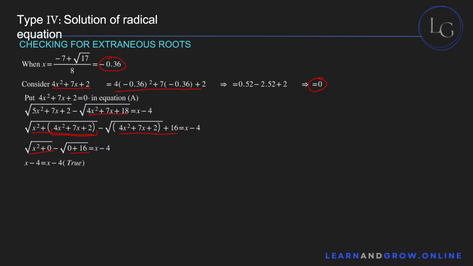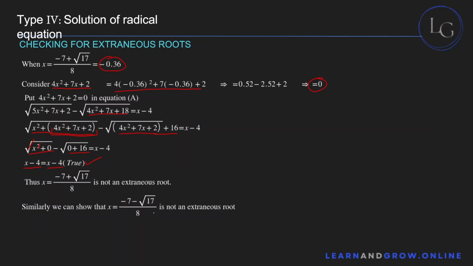So now this becomes x squared and these two will cancel out, and this is just basic under root 16, and so you get x minus 4 is equal to x minus 4. So this is indeed true. And if you use the same method for the other value that you found for x, you'll find that it is not an extraneous root as well. So these are both values of x. So the solution set is indeed this. There are no extraneous roots.